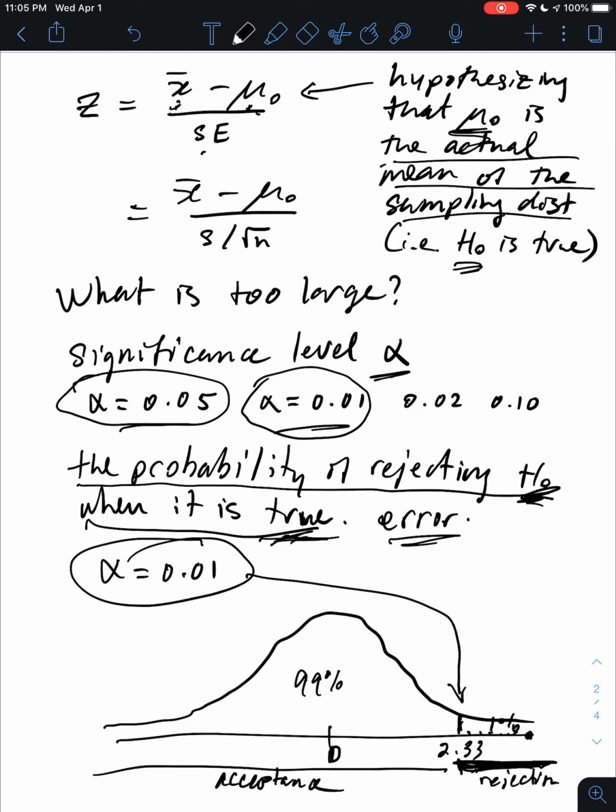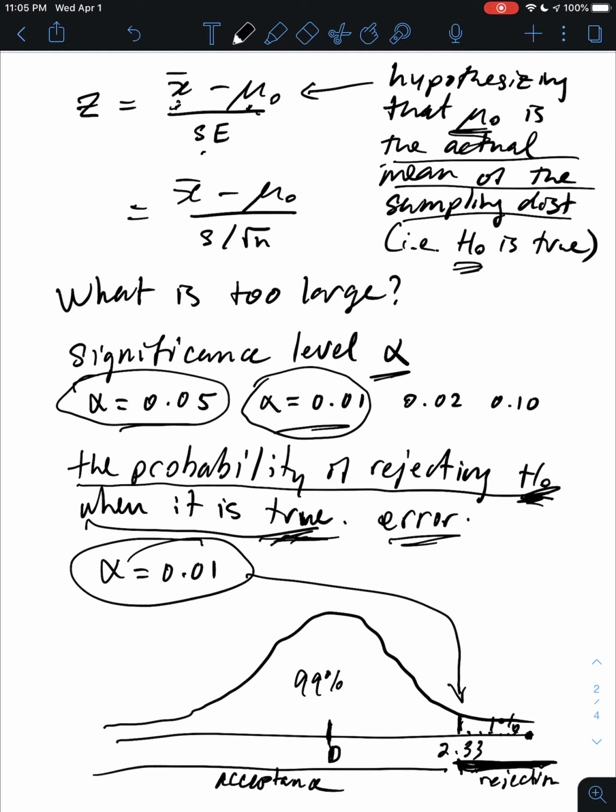All right, so if our test statistic is 0, we should accept the null hypothesis. That seems to make sense because the sample mean and the assumed mean, the hypothesized mean, are in agreement. If our test statistic is 0, they're the same.